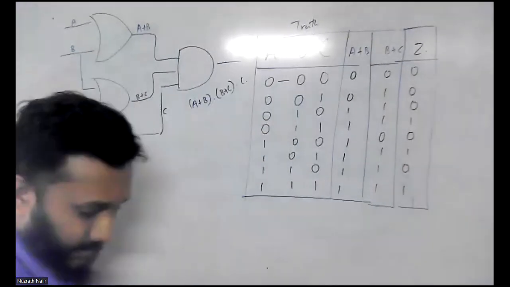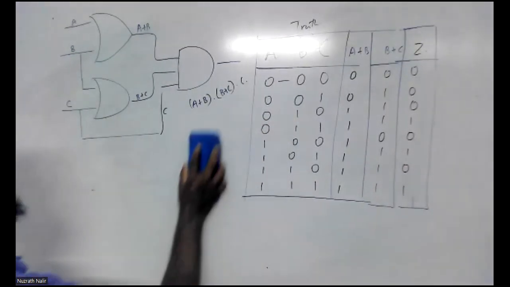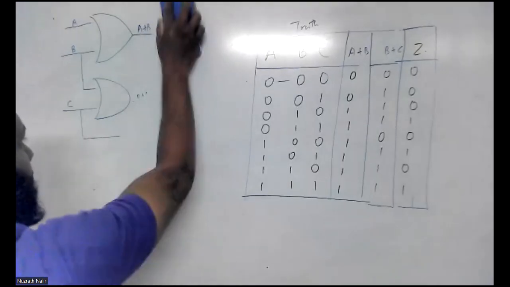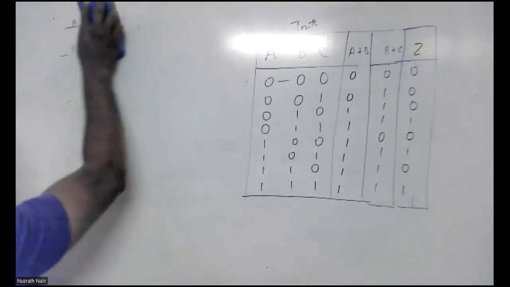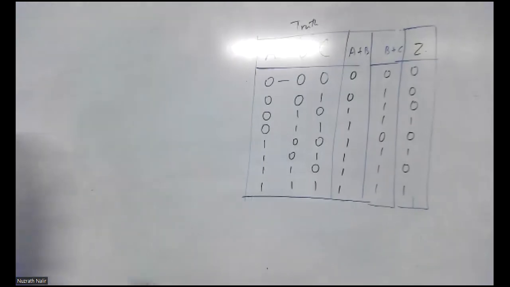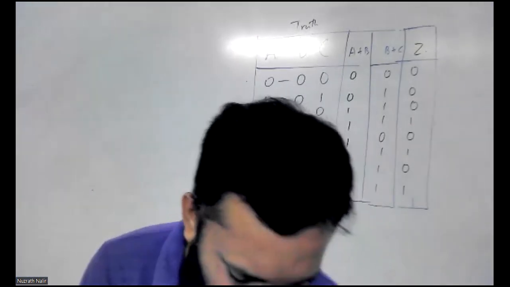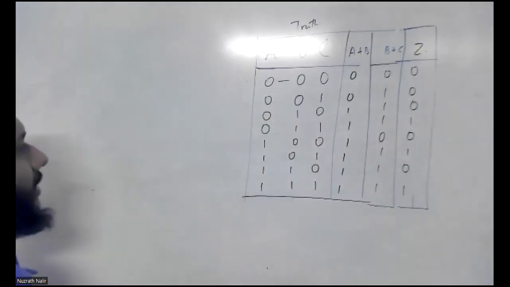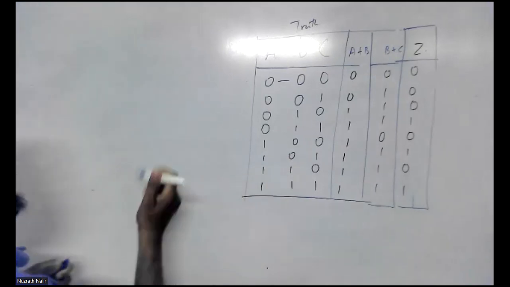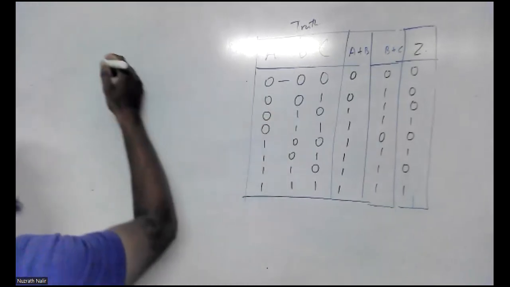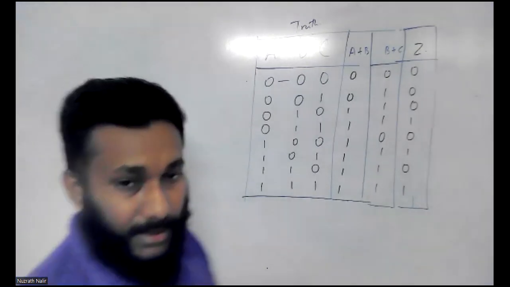In this question, now let's draw the Karnaugh map diagram. Here you have three inputs. You know that concept.